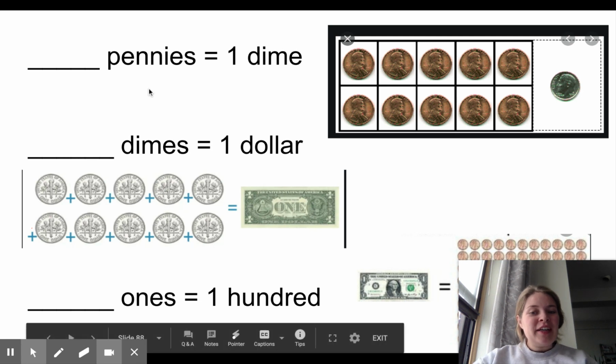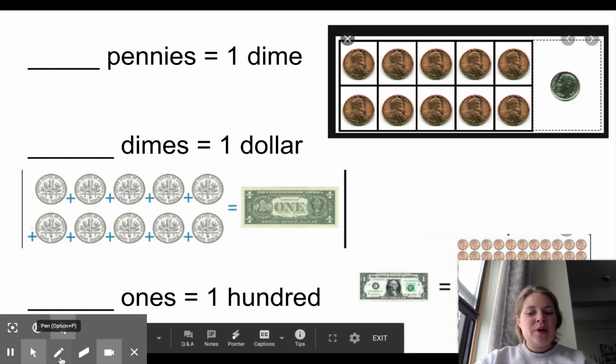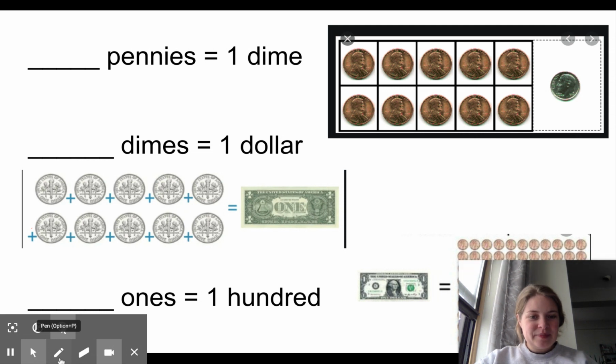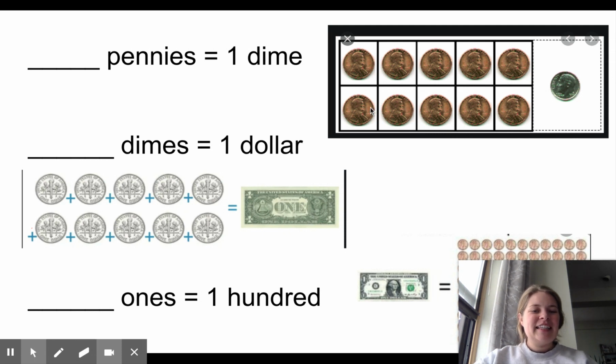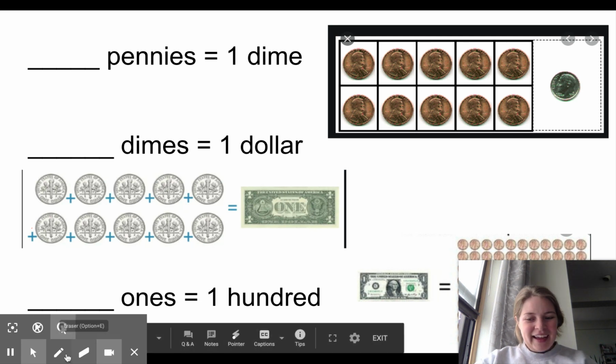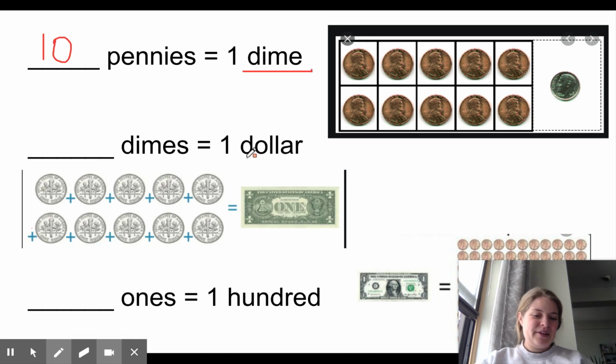So if we look at pennies, pennies are worth 1 cent. So how many pennies equals a dime, which is worth 10 cents? Well, 1, 2, 3, 4, 5, 6, 7, 8, 9, 10. Just like ones, 10 pennies equals 1 dime, which is just like a 10.